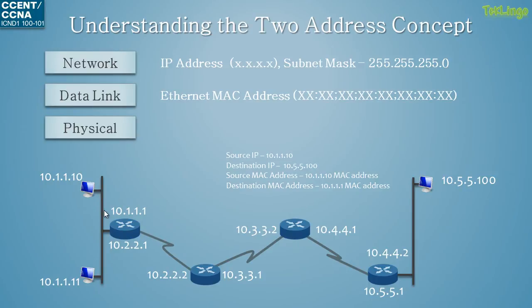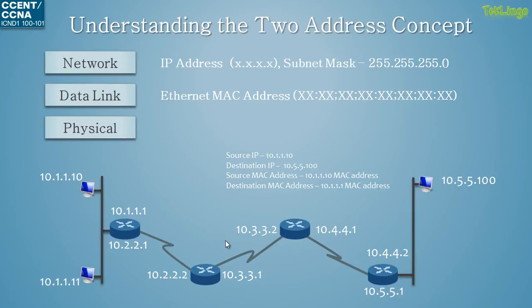So the router 10.1.1.1 will send that packet to router 10.2.2.2 using its other interface, which is 10.2.2.1, to see if they know anything about the network 10.5.5.